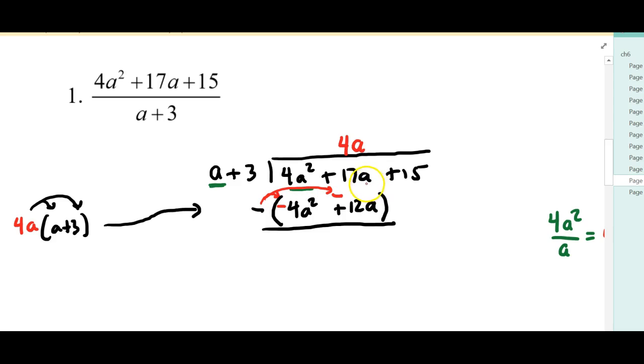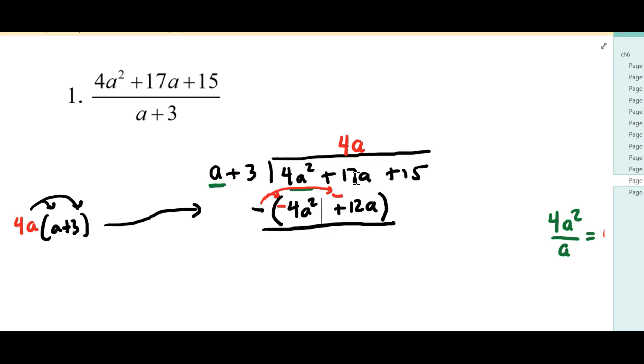Professor, why would you apply that negative sign? Because you're subtracting. So it looks like this. Imagine if you had 4a squared plus 17a minus, and then you're subtracting away from that the 4a squared plus 12a. We learned that we can always change subtraction to addition. I don't want to switch it to addition here because I want to keep that notation so you know it's subtracting. But you can always switch that to addition.